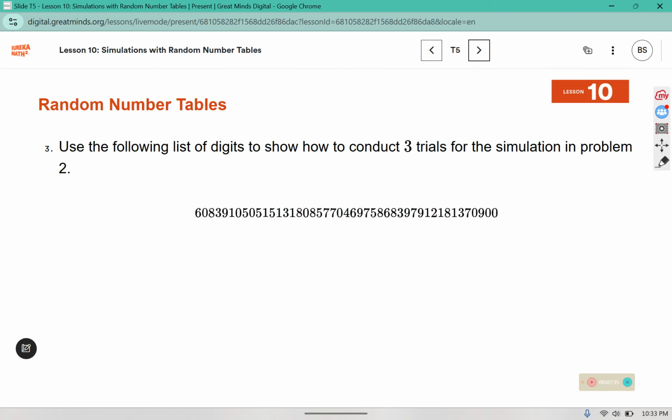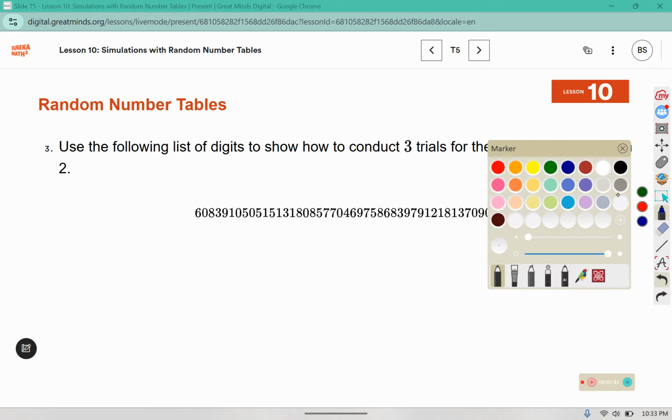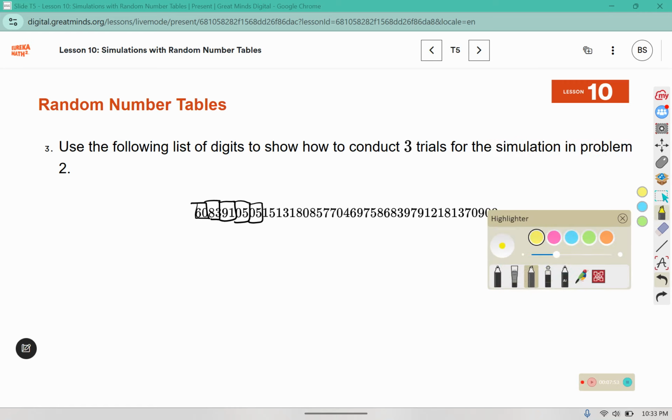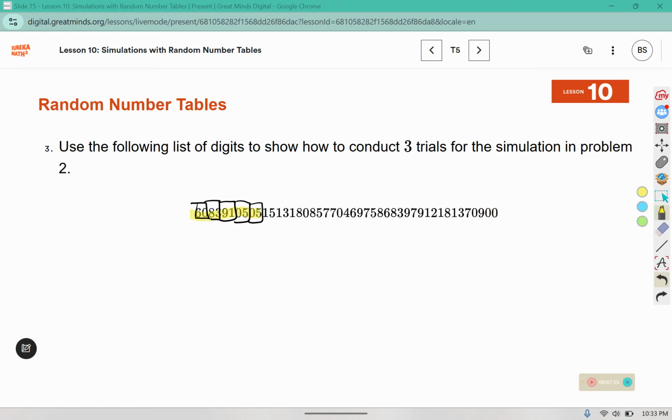So here is an example of a list of random digits, and we're going to use it to show conducting 3 trials. So I have 2 numbers, and we're doing that 5 times, and that would make 1 trial.